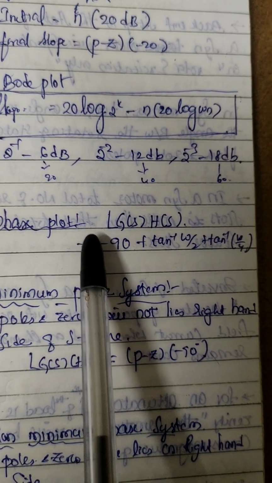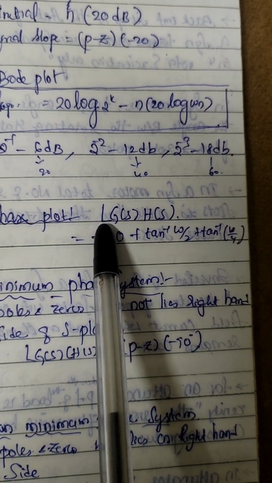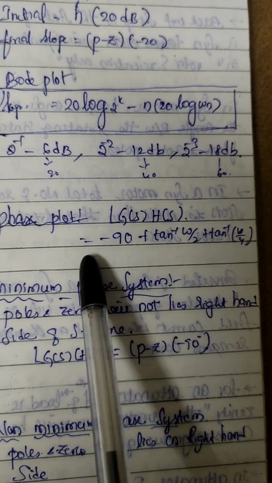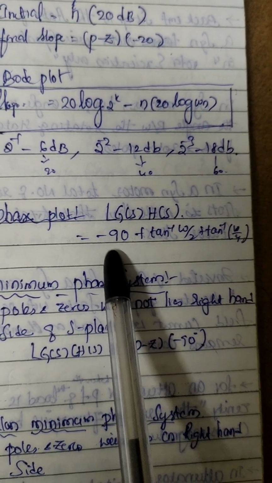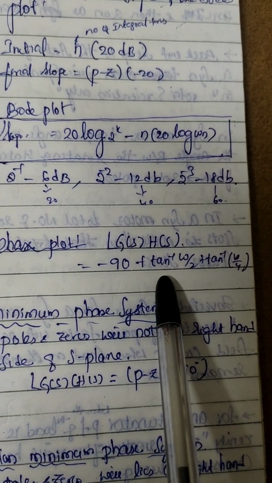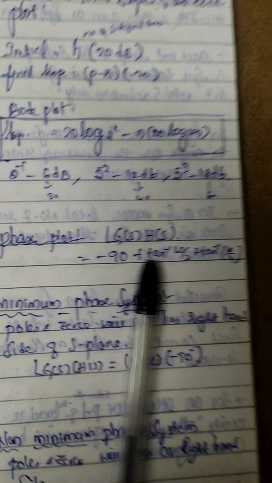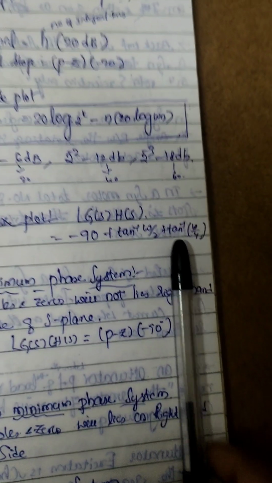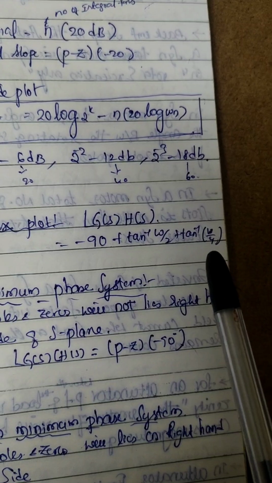Phase plot: the angle of G(s) H(s) is equal to minus 90 plus tan inverse omega by 2 plus tan inverse omega by 4.